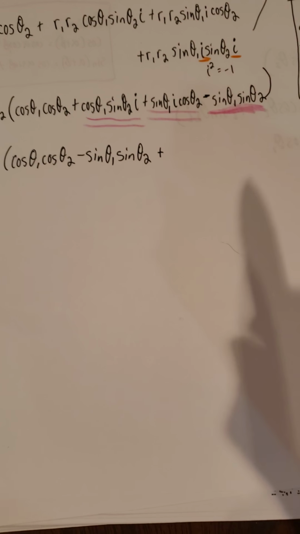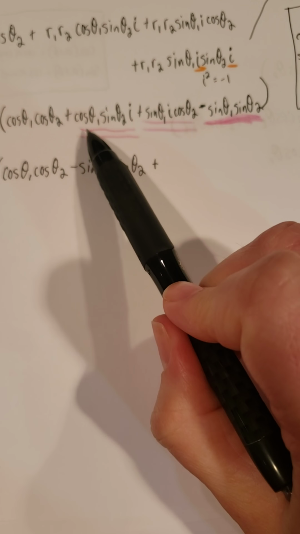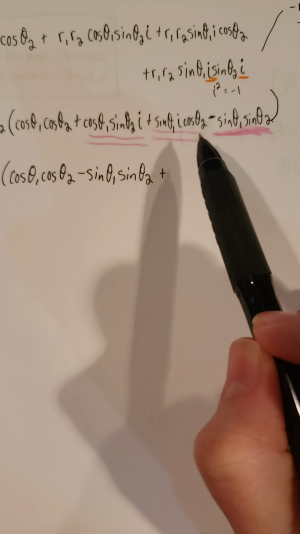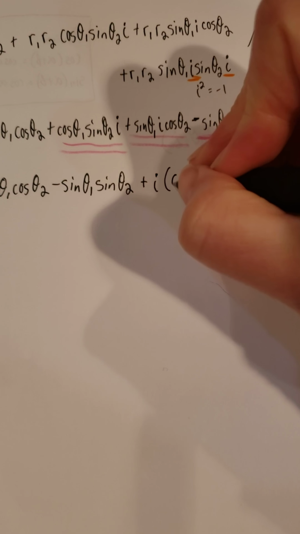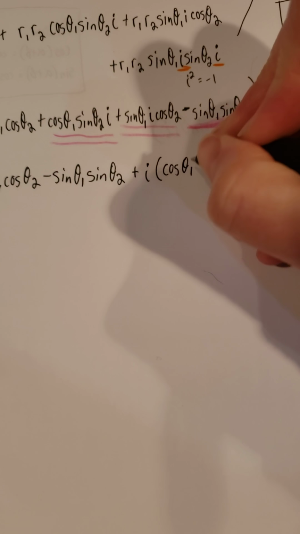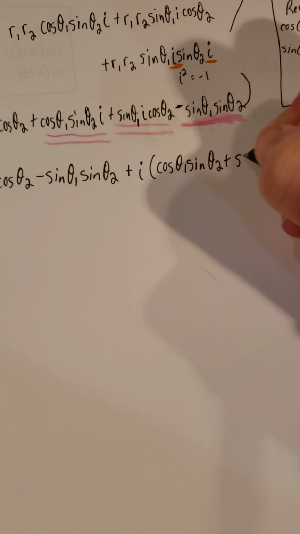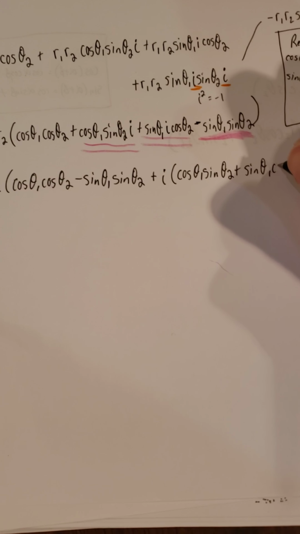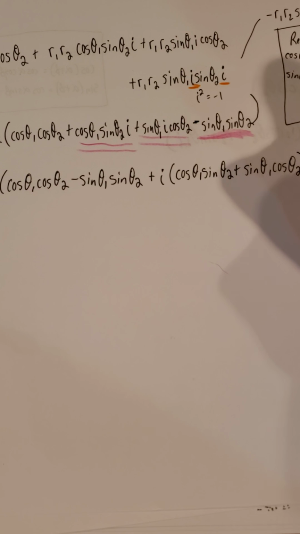Plus, now if you look at this, both of these terms share a factor of i. So I'm going to factor out the i. That's going to be cosine theta 1 sine theta 2 plus sine theta 1 cosine theta 2.